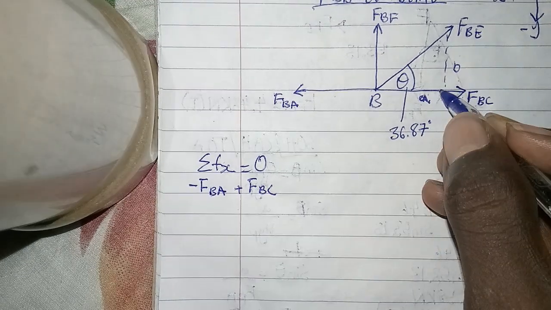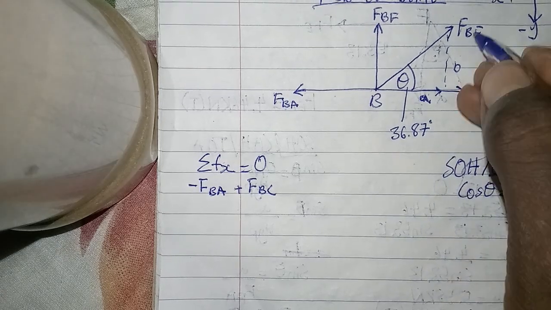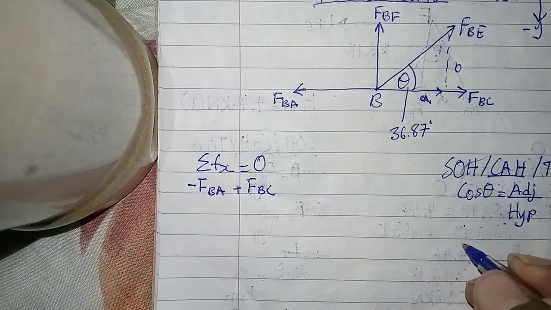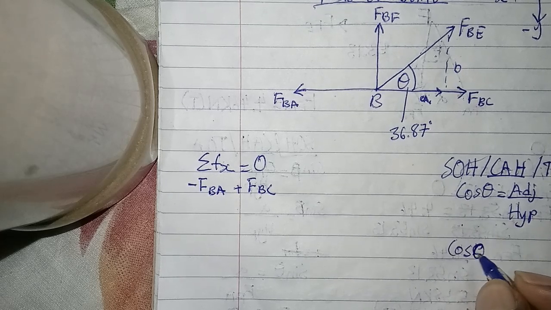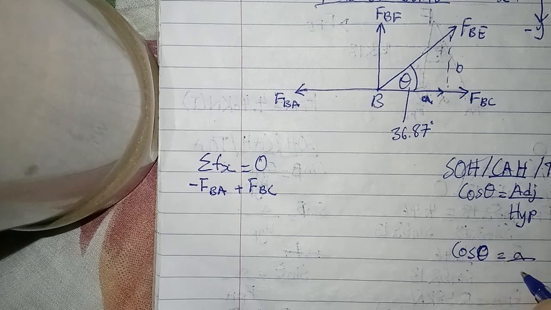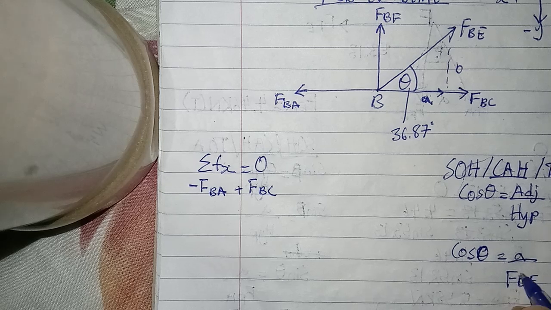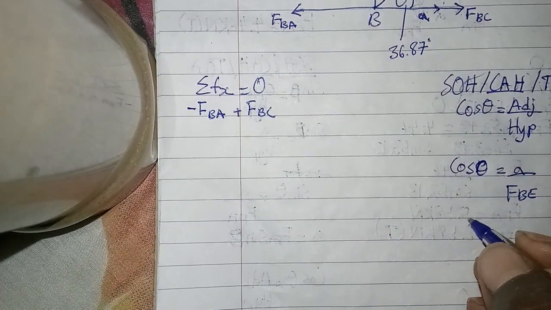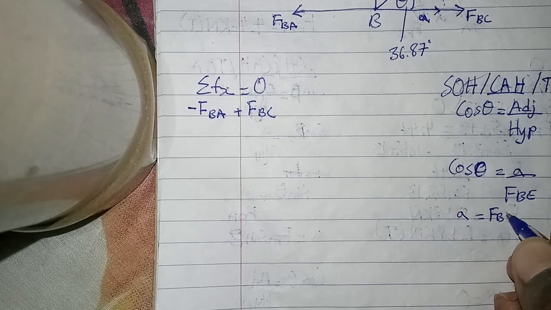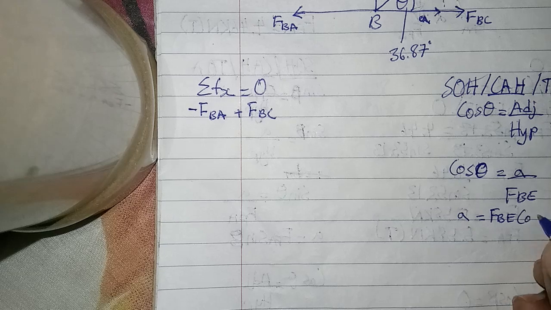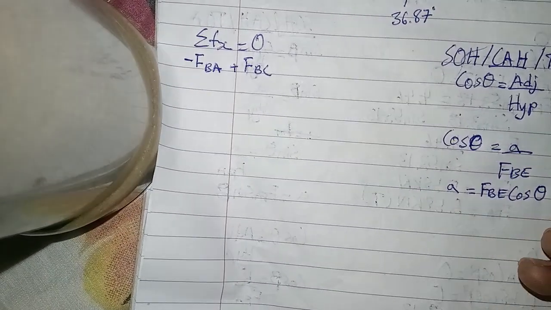The adjacent is A and the hypotenuse is force BE. So cos theta equals A over force BE. Making A the subject, A is equal to force BE cos theta.